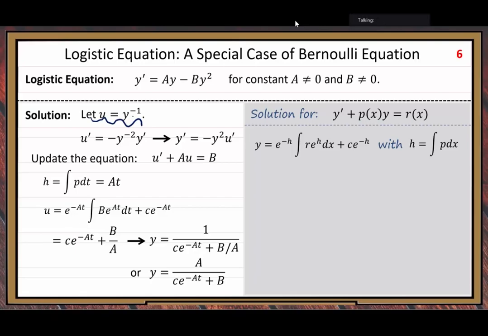Yes, the whole denominator could be 0. It's possible. But if that happens, imagine that graph.